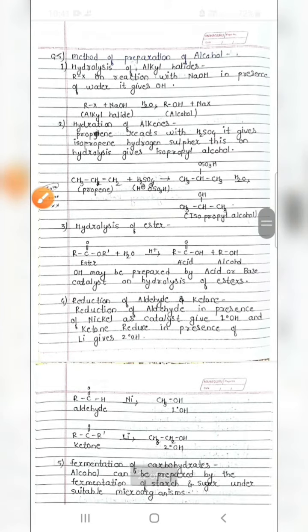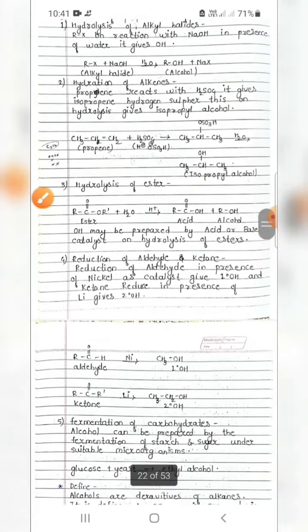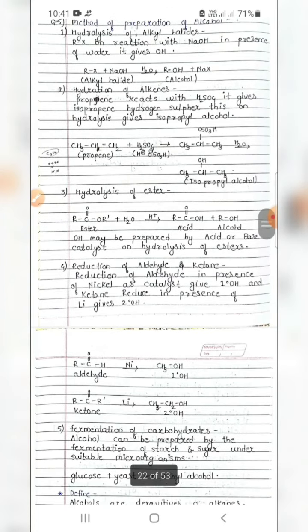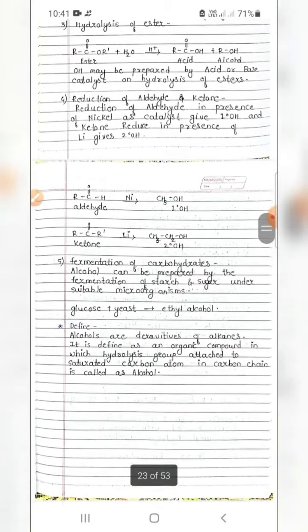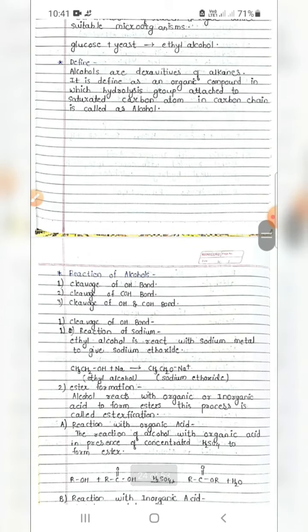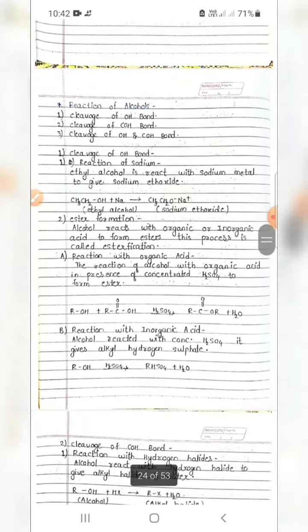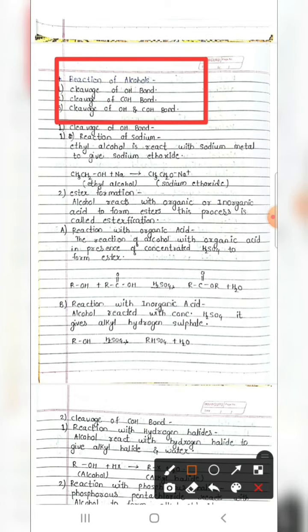So next question is method of preparation of alcohol. So some 5 methods we have involved of preparation of alcohol that you have to explain in detail. Okay, so define alcohol. Then next is reaction of alcohol. 3 reactions are there: cleavage of OH bond, cleavage of C-OH bond, and cleavage of OH and C-OH bond.